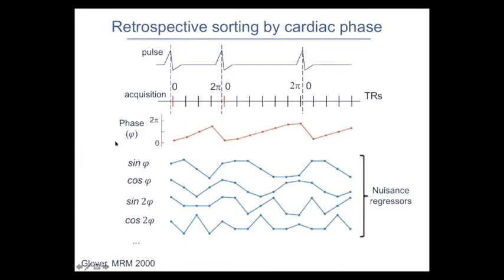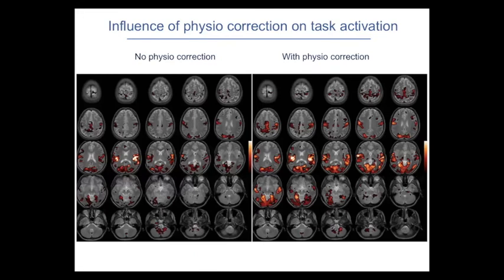Based on the phase, you generate many sinusoids representing the physiological fluctuation related to it, and then project them out of the data. That's basically the idea. This is important because high frequency physiological fluctuations are riding on top of your low frequency functional signals, so if you remove them, it will mitigate your noise levels.